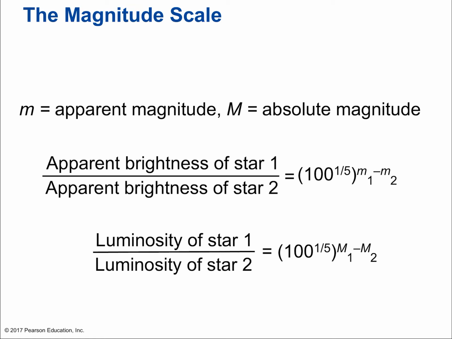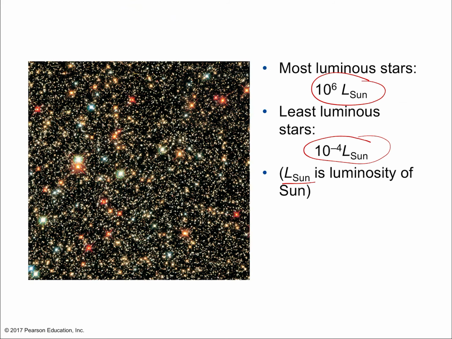Okay, so then we have this idea of apparent magnitude and absolute magnitude. Now, why are we going back to the magnitude scale? Because we made a big deal that we're going to relate luminosity and apparent brightness. Well, look at these numbers, look at the difference here. That's a huge difference.